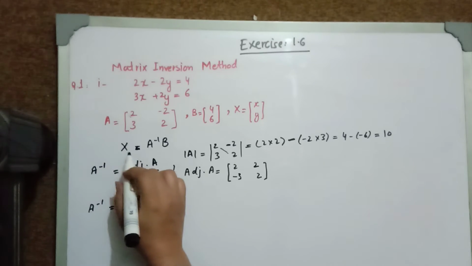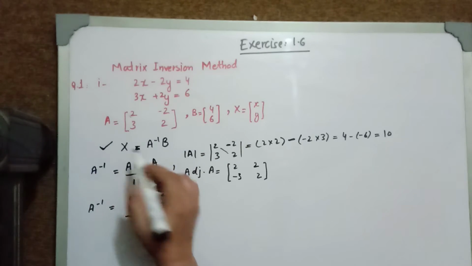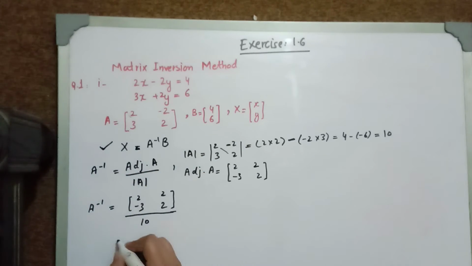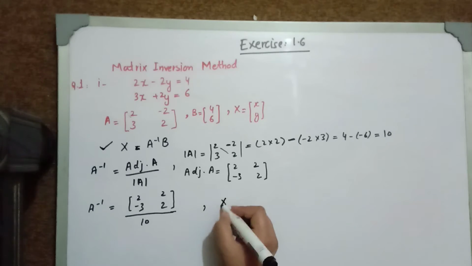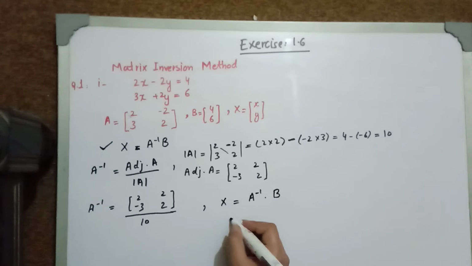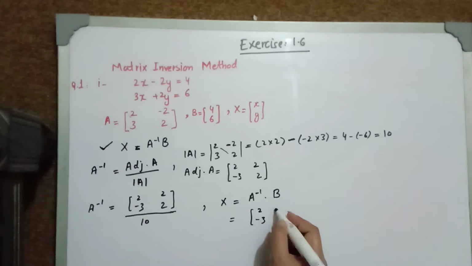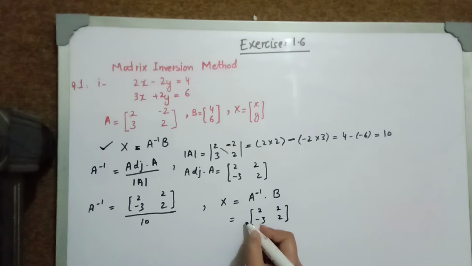Right, now let's find this matrix X, which is equal to A inverse into B. Let's write here A inverse, which is equal to 2, minus 3, 2, 2. I can write it as 1 over 10 into this matrix, right?